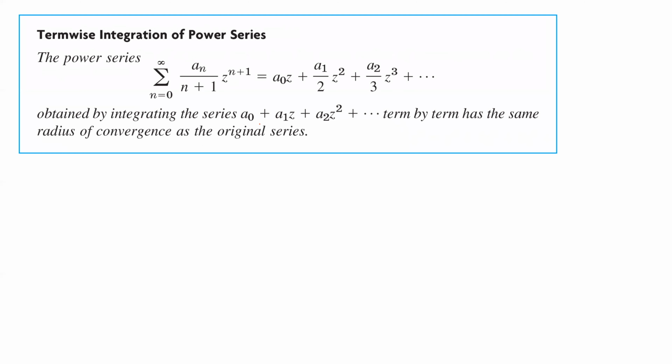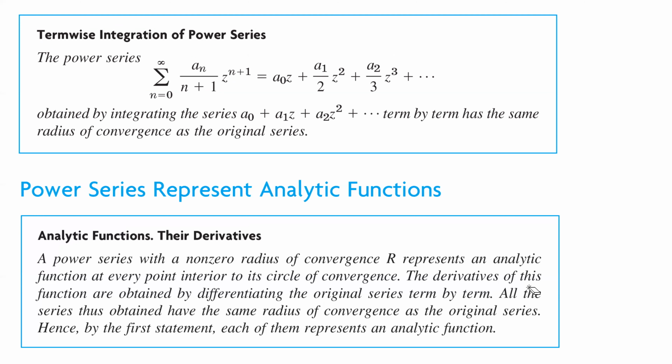So again, these two have the same radius of convergence, which is important. We're going to see when we are manipulating the series that this is very important. We can just use that.